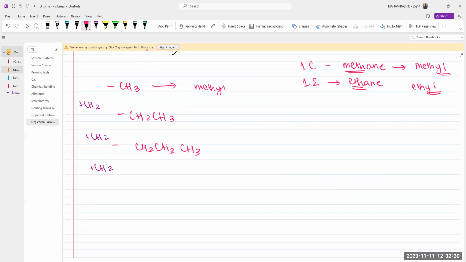So you don't need to learn it. You just use this trick where you just change the name. So it's methyl, this will be ethyl, this will be propyl. Why will this be propyl? Because this is propane.